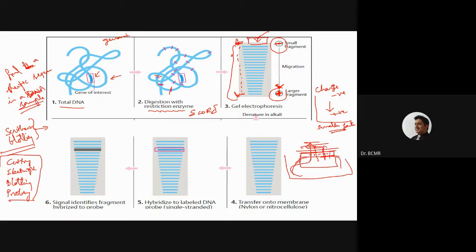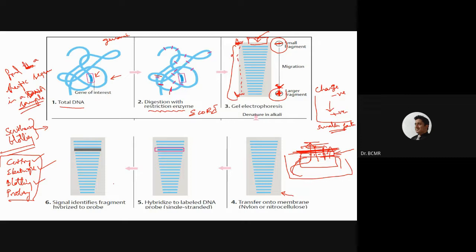As the DNA is moving, it will get stuck to the nitrocellulose membrane that we have put here. So now the DNA that was present in the agarose gel is stuck, or blotted, onto the nitrocellulose membrane. That is the blotting step. So first is cutting, next is electrophoresis, then the blotting step.